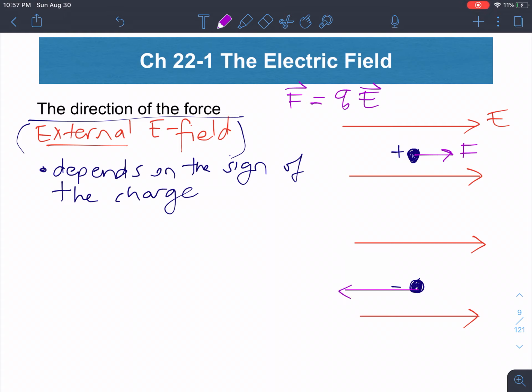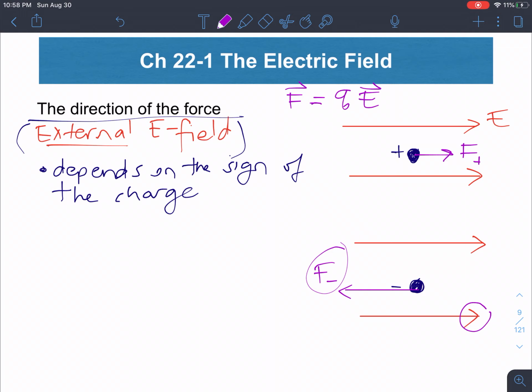Let's make it bigger, and that's going to be the force. This is on the positive one, this is on the negative one. This one is opposite to the electric field direction because it's a negative charge.